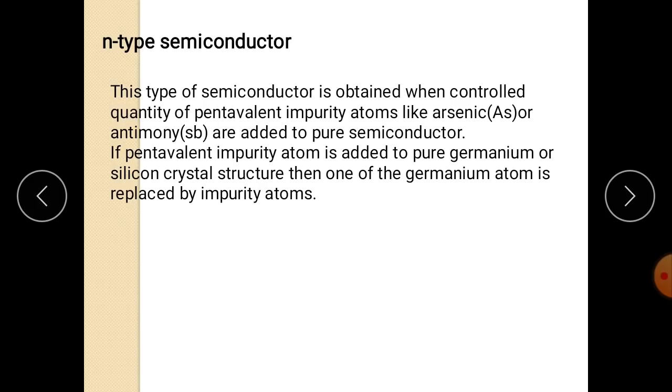If antimony, which is a pentavalent impurity atom, is added to a pure germanium or silicon crystal structure, then one of the germanium atoms is replaced by the impurity atom. A pentavalent impurity atom has 5 valence electrons in its outermost orbit, and a germanium atom has 4 valence electrons in its outermost orbit.